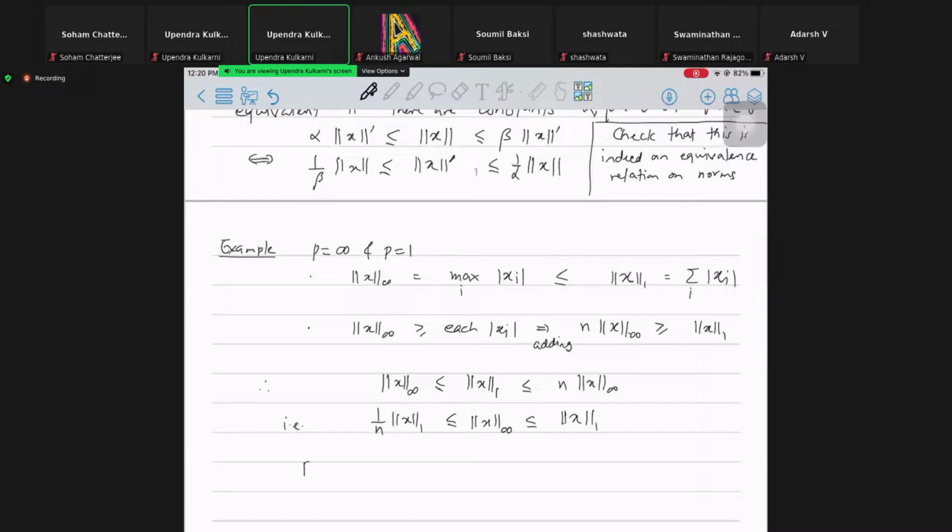How about P equal to, so we have three norms, right? So I want to show that P equal to 2 is equivalent to something. Which one will be easier? To check P equal to 2 is equivalent to P equal to infinity or P equal to 1?